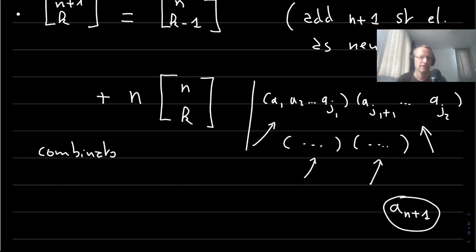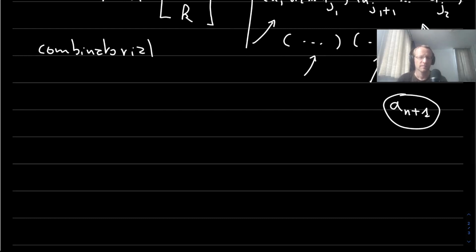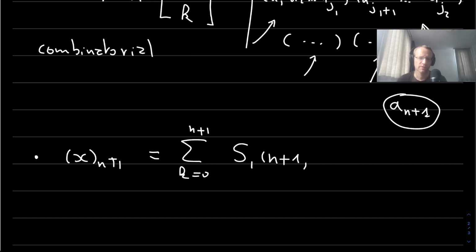Now we want to see whether this recursion relation is also satisfied from the perspective of the change of basis. For that, we write that x^(n+1), by definition, is the sum of the first kind Stirling numbers.